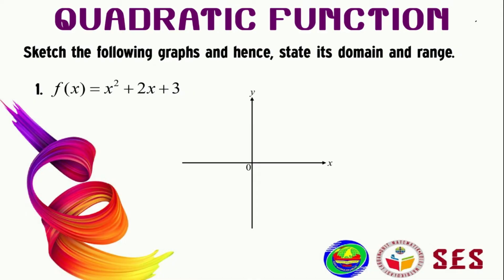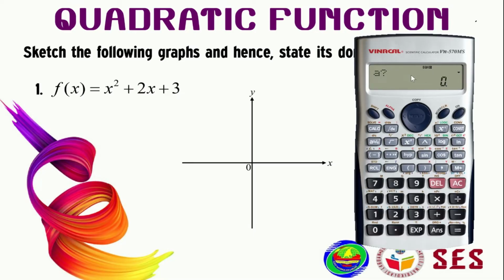Let us consider this example. Sketch the following graph and hence state its domain and range. Suppose that we have f(x) equals x squared plus 2x plus 3. Before that, we need to make sure that this function cannot be factorized. We've got the calculator here.